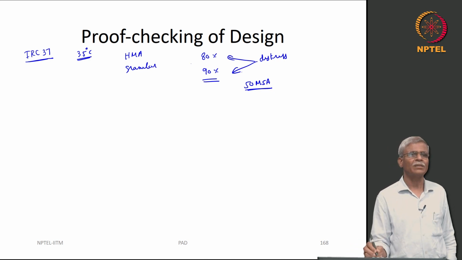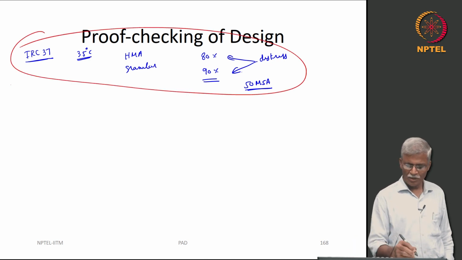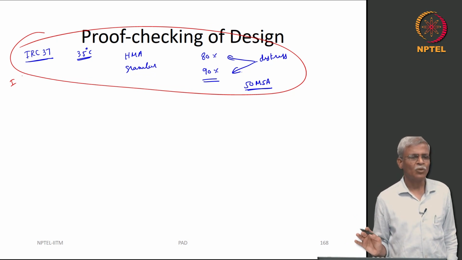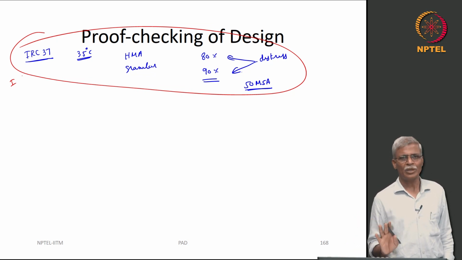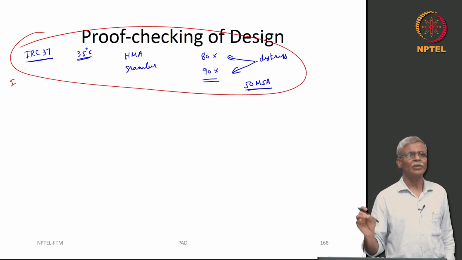If you do that exercise, this will be really wonderful. This is something that I will call first, because you do not need any data, you use only the IRC 37 data, you have IIT Pave which you can download, or you can use CanPave which you can download, and then substitute the values, sit and calculate the whole thing using this. So, this is one thing.